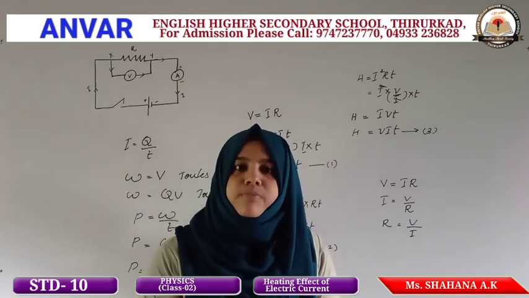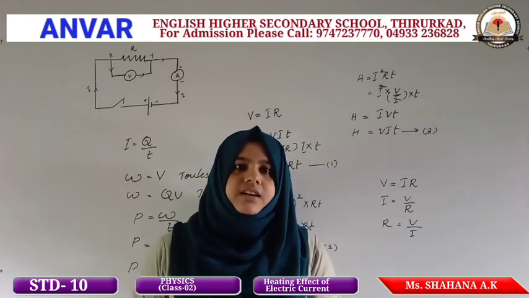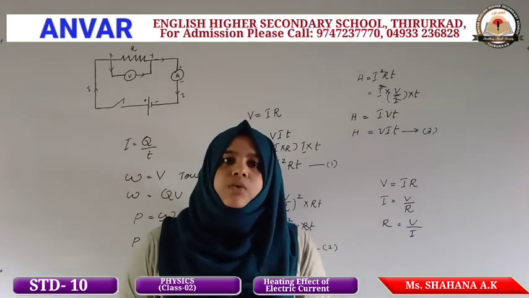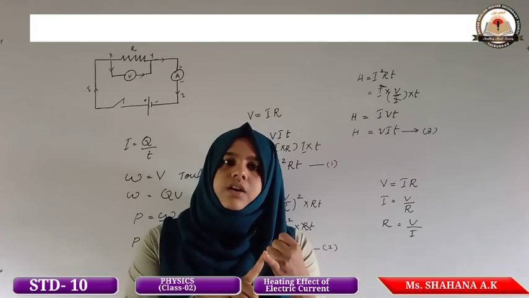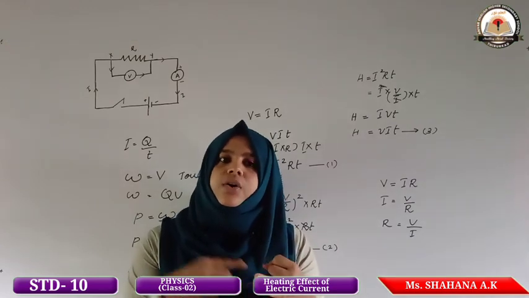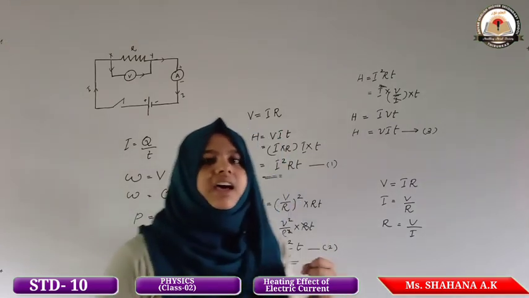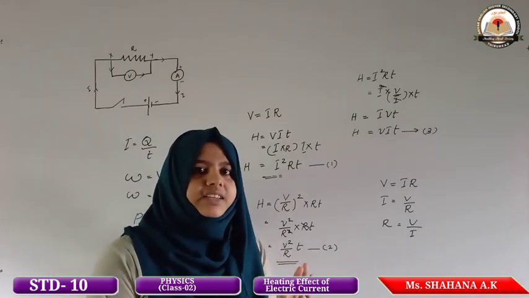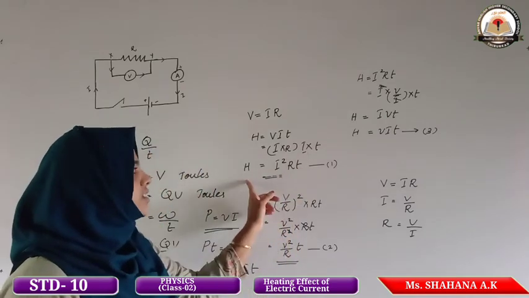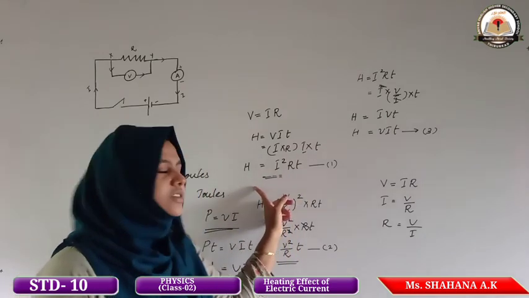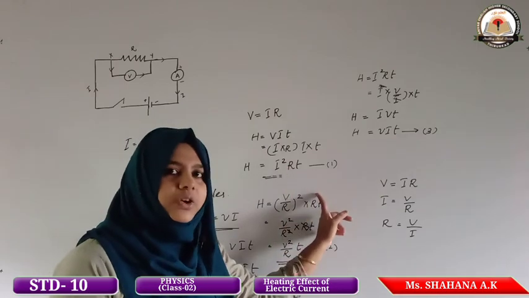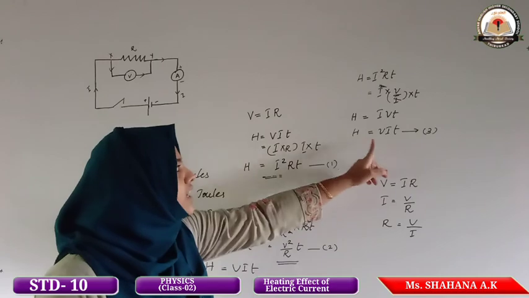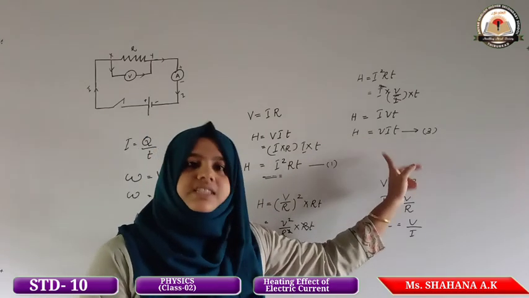Let me conclude all the points we have discussed in this class. Then you will get an idea about the things you have to study. First, Joule's law, then Joule heating or ohmic heating, the three factors which influence the heat generated, and the three equations to find the heat generated in a circuit: H is equal to I square RT, H is equal to V square by R into T, and H is equal to VIT.